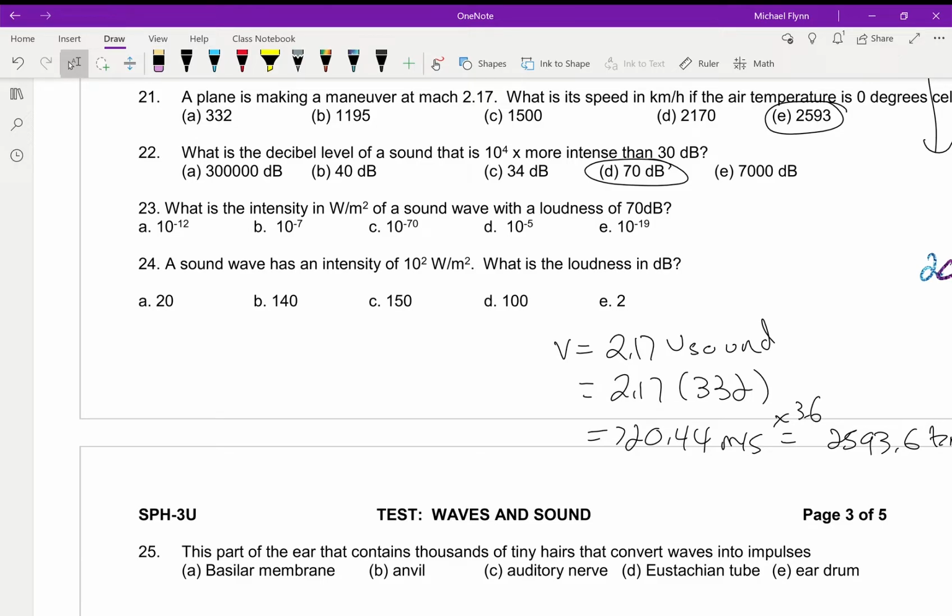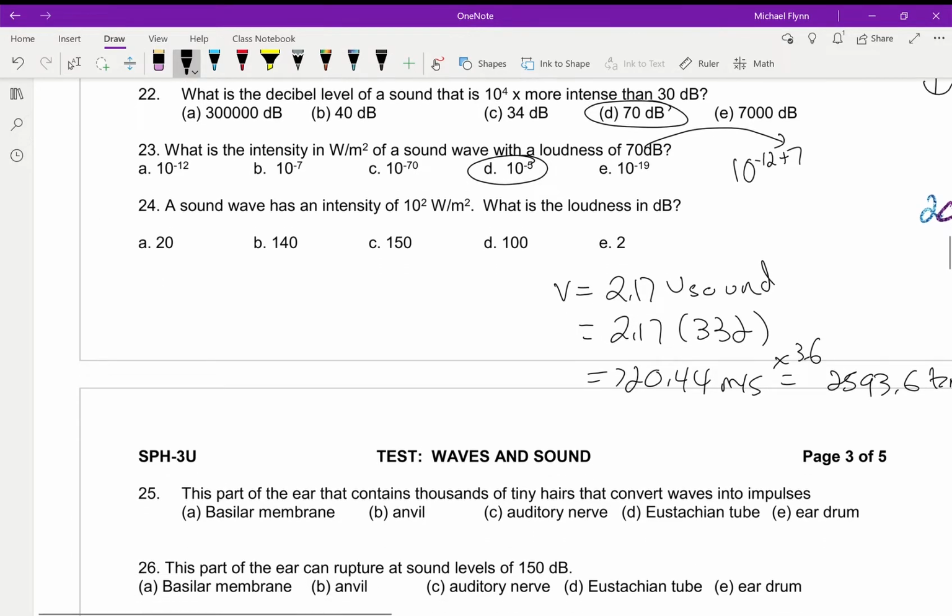Well, you start at 10 to the minus 12, and then you're going to have to add 7, because it's 70 decibels. That's where the 7 comes from. So negative 12 plus 7 is how much? That's negative 5. So the answer is D, 10 to the negative 5.